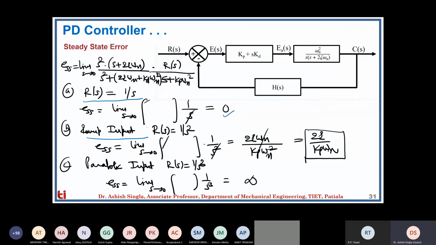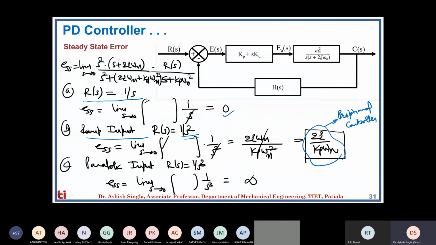For the ramp input, where the input is 1 by s square, even for the PD controller, the steady state expression is the same. So this is the same expression as that of the proportional controller. Here you can see in this expression, we have only the Kp term. There is no Kd term over here.